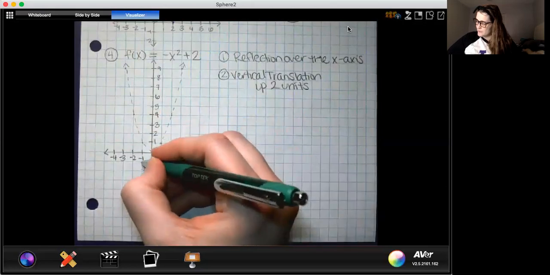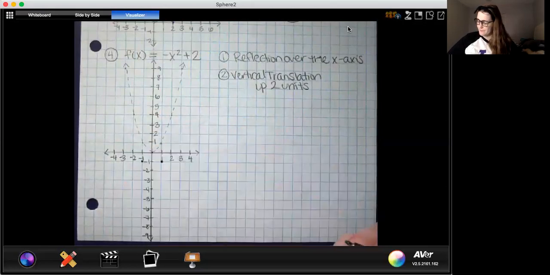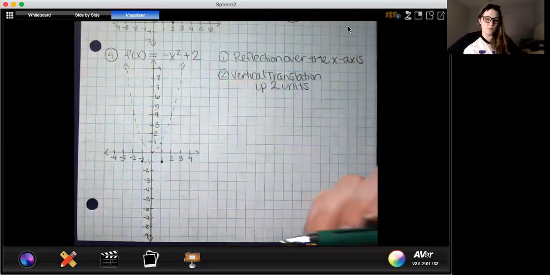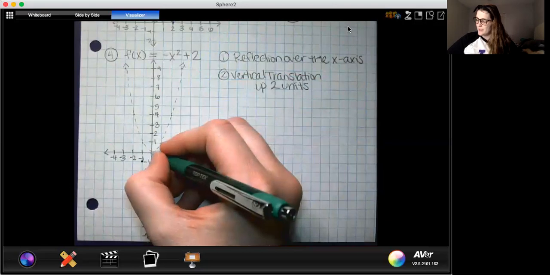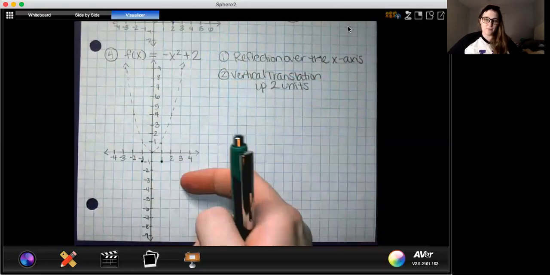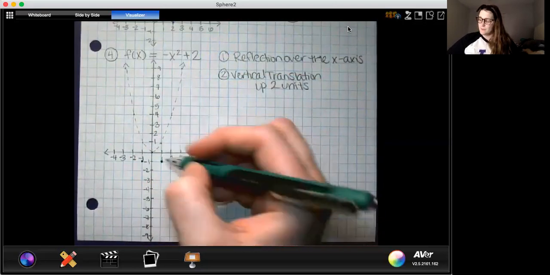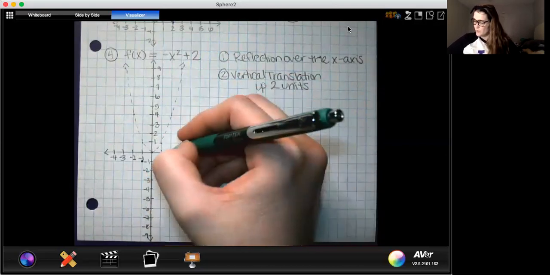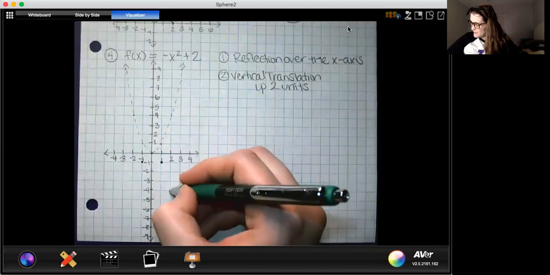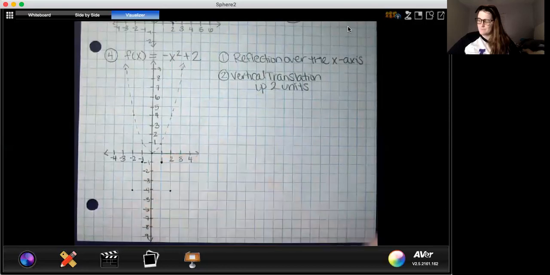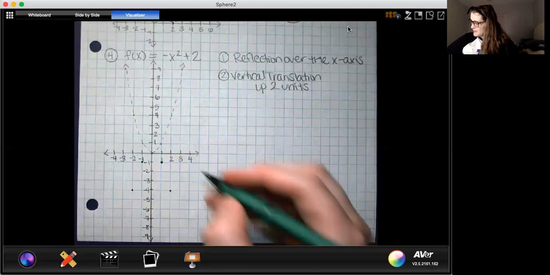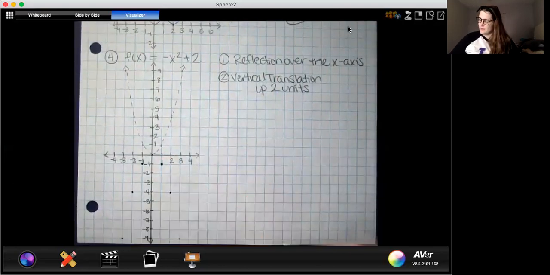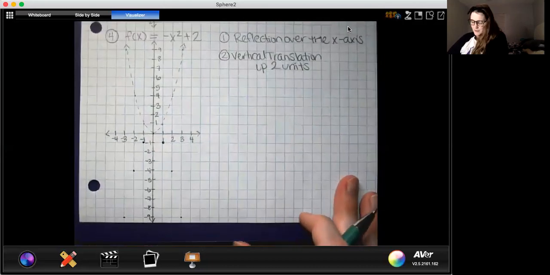And this one will become negative 1, negative 1. Okay, same thing, reflect over. So when we're reflecting over, keep in mind, it's going to be the same distance from the x-axis. So since this is 1 away, now this is 1 away. This is 4 away, so this is going to be 4 away. So now we have a reflection.